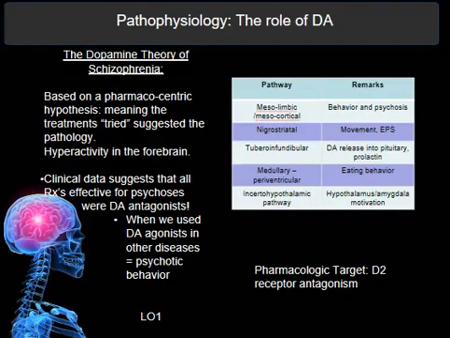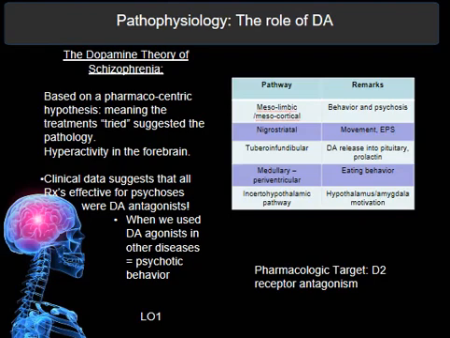So there's definitely a role for dopamine in the pathophysiology of schizophrenia, and that's based on a pharmacocentric hypothesis. Remember, I talked about the ability of these drugs to suggest the pathophysiology based on what we observe their effects are in the brain. And so the clinical data suggests that the drugs that are effective for psychosis just happen to be dopamine antagonists.